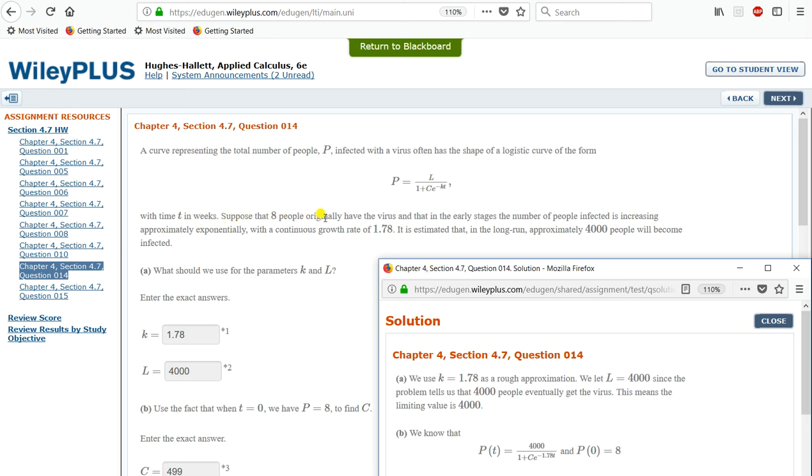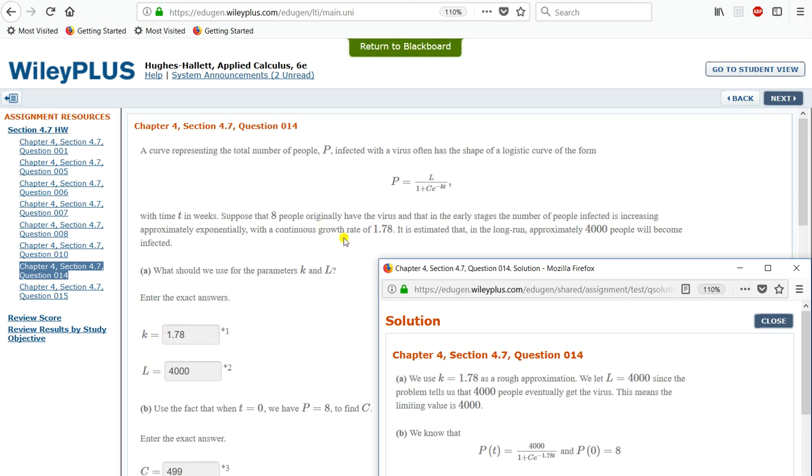Suppose that 8 people originally have a virus, and that in the early stage the number of people infected is increasing approximately exponentially with a continuous growth rate of 1.78, and in the long run approximately 4,000 people will become infected. So what would be the value of K and L?